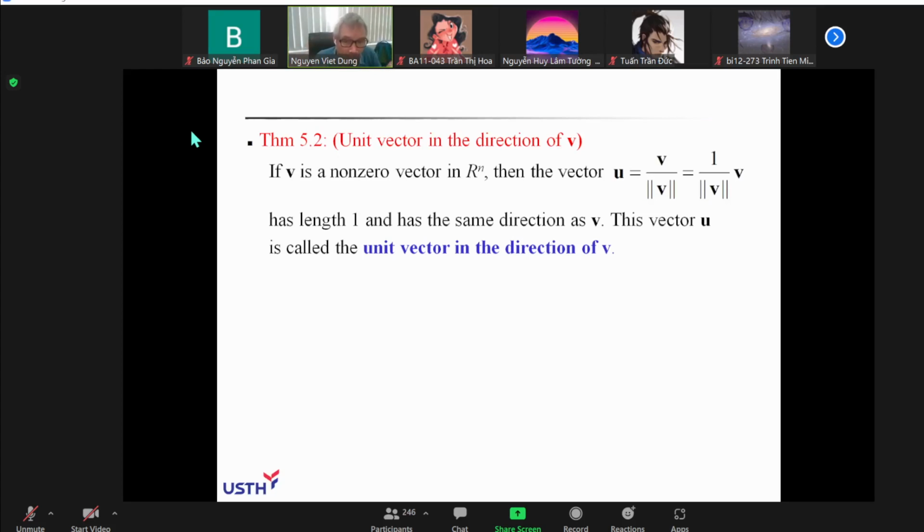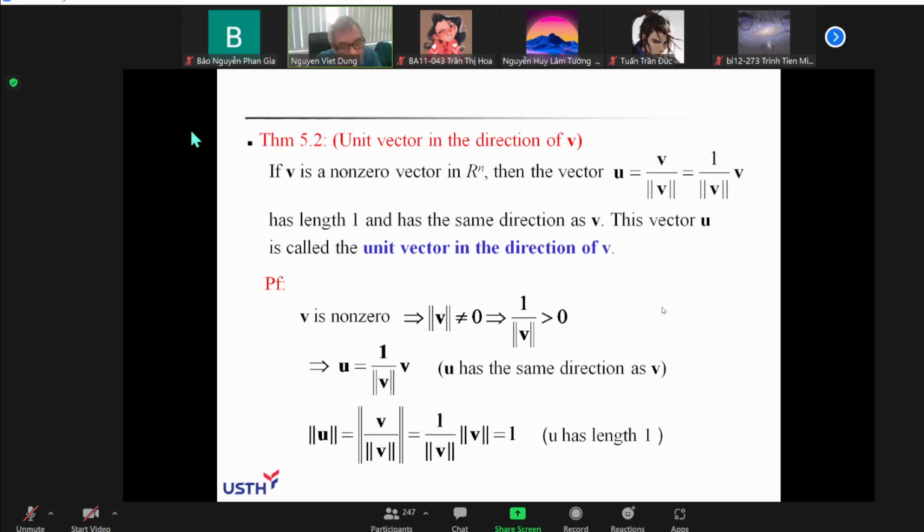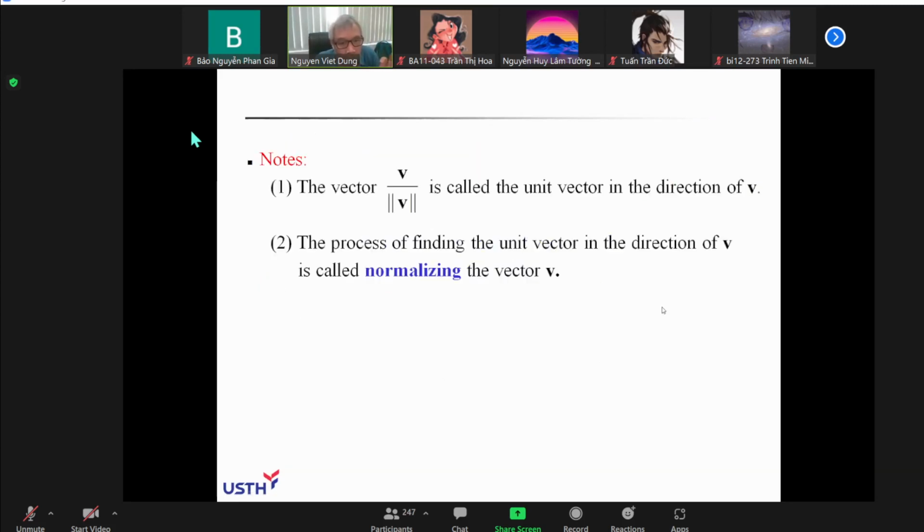So v divided by the length of v gives the unit vector in the direction of v. The process of finding a unit vector in the direction of v is called normalizing the vector v.